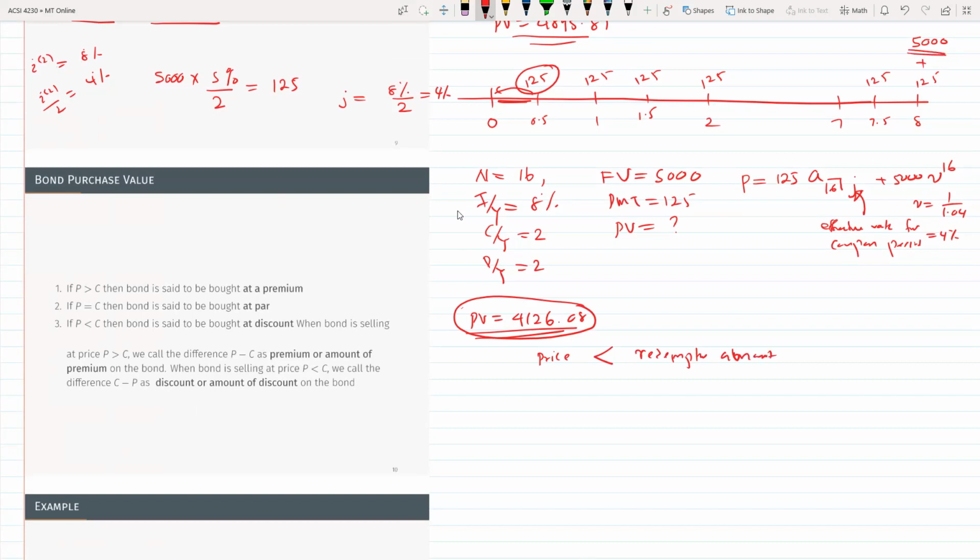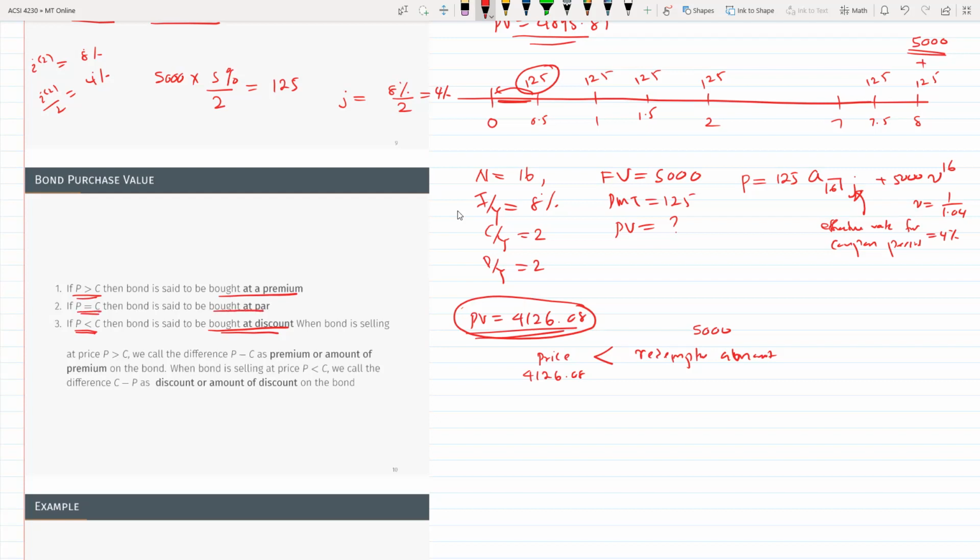And here you can see the price was 4,126.08. When this happens, we will call the bond bought at a discount. If the price is less than the redemption amount, it's bought at a discount. If the price is more than the redemption amount, it's bought at a premium. If they are the same, then it's bought at par.